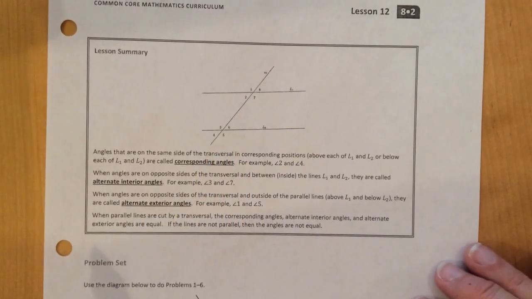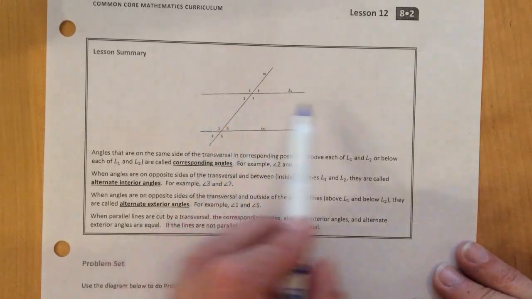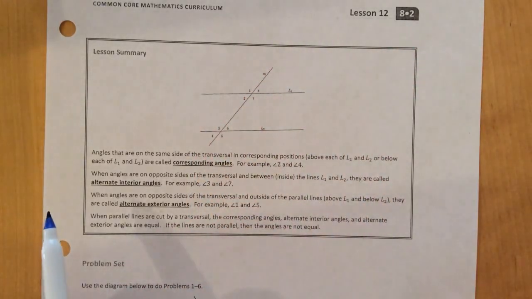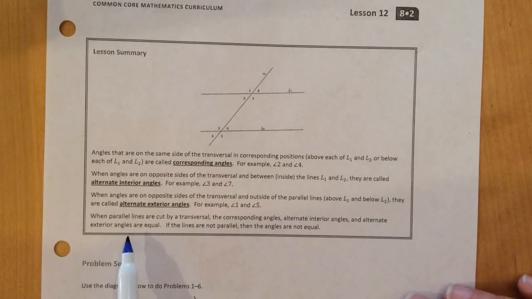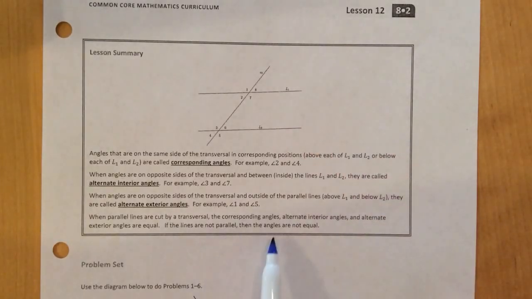Okay, so what we've seen is that when parallel lines, L1 and L2, are cut by a transversal, the corresponding angles, the alternate interior angles, and the alternate exterior angles are all equal. In other words, those pairs of angles will have equal measure. If the lines are not parallel, then the angles are not equal.